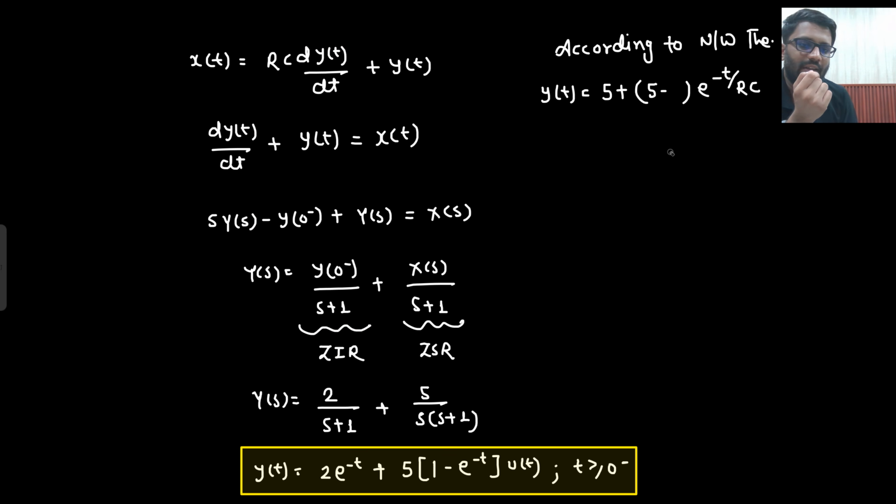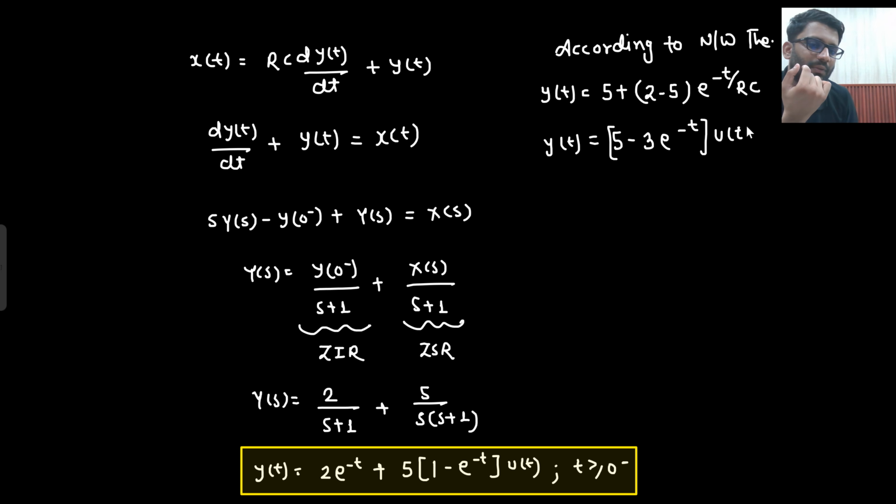Sorry, voltage at infinity plus voltage at 0 minus voltage at infinity. So this is how we used to write down 5 minus 3 e to the power minus t, RC value is 1. So this is how you used to write down, and we used to add ut here as well.